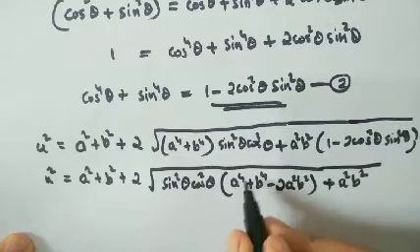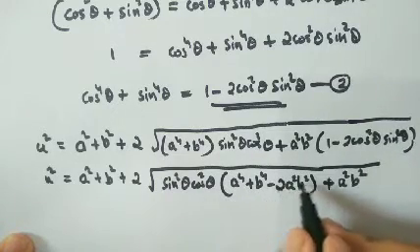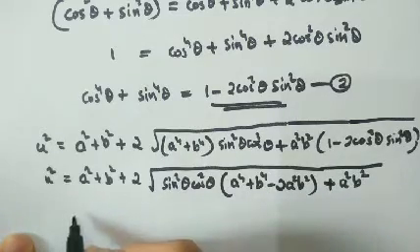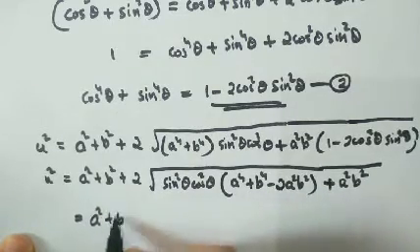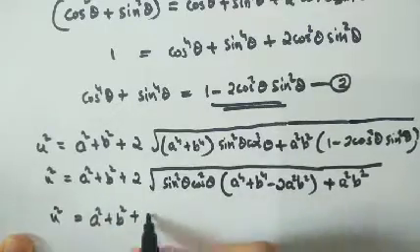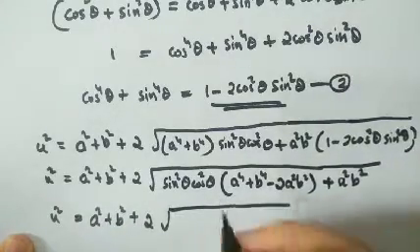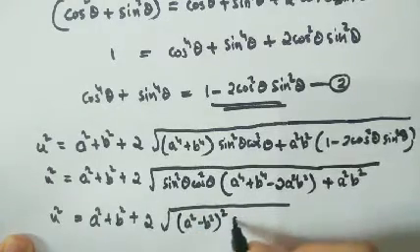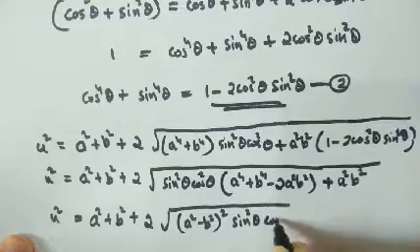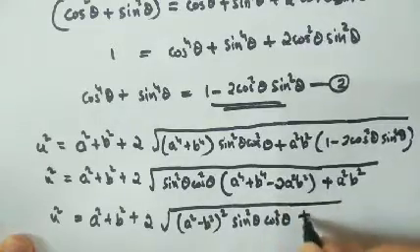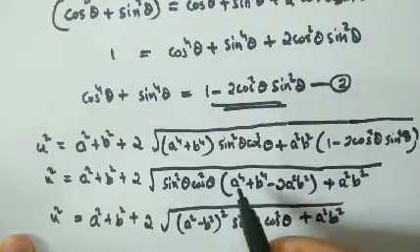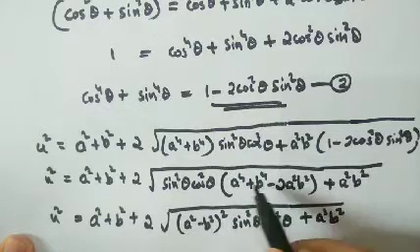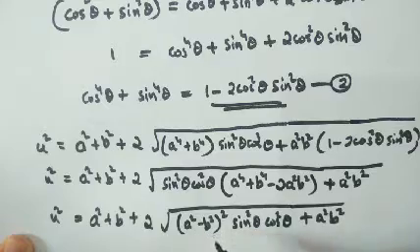Now look, a raised to 4 plus b raised to 4 minus 2a square b square is nothing but a square minus b square all square, that you know already. So a square plus b square plus 2 root, this will become a square minus b square all square sin square theta cos square theta plus a square b square, because a square minus b square all square is a raised to 4 plus b raised to 4 minus 2a square b square.